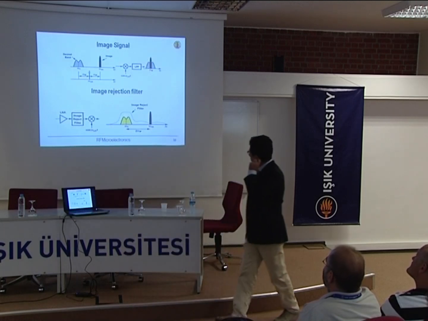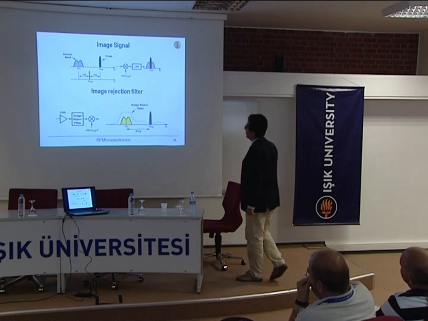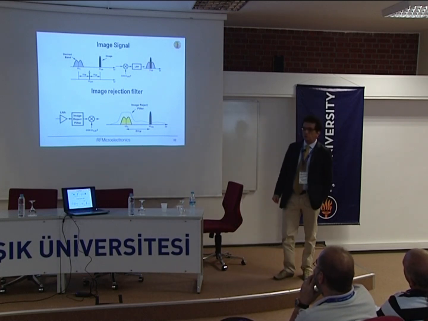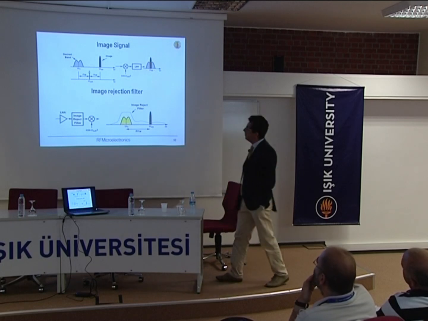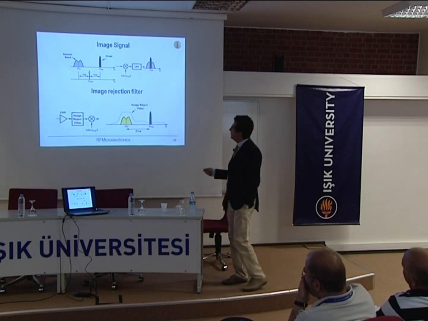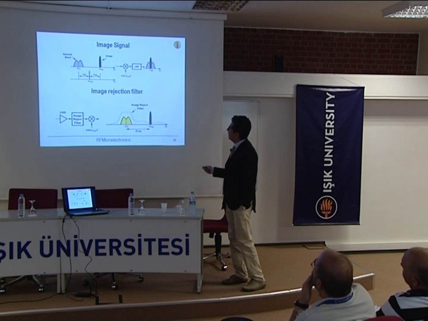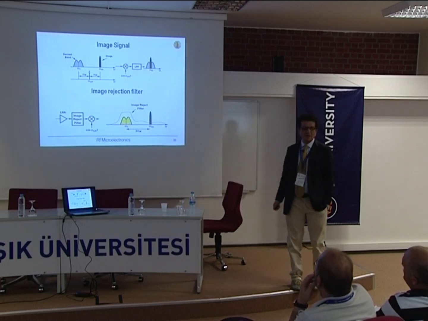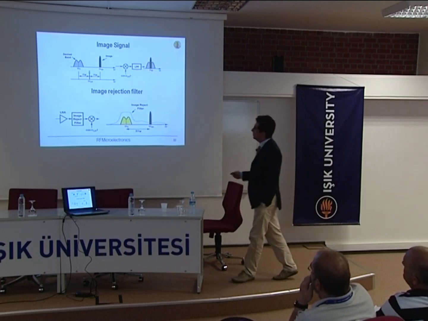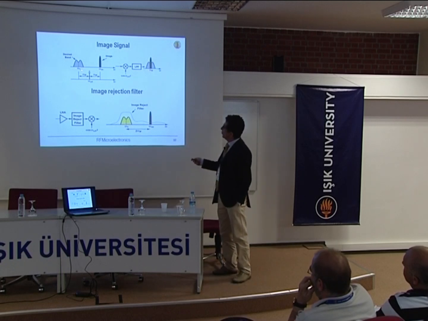Okay, one thing that comes with the frequency conversion is the image problem or image rejection problem, because we have a desired signal, and then we make this operation. We multiply by a reference, for example, a cosine, and we downconvert the signal to a frequency which is, for example, omega LO minus omega 1.